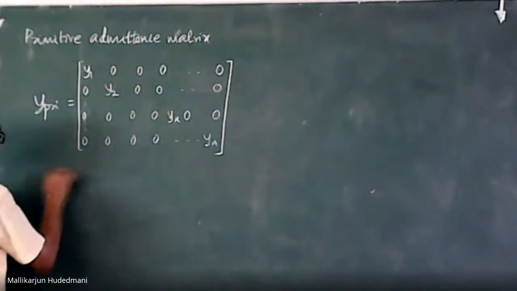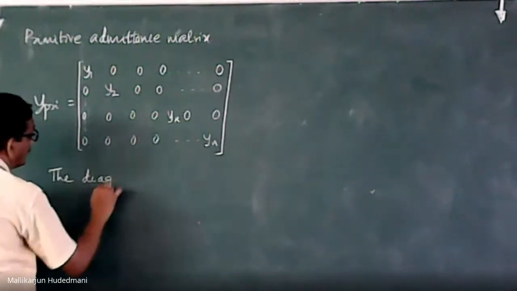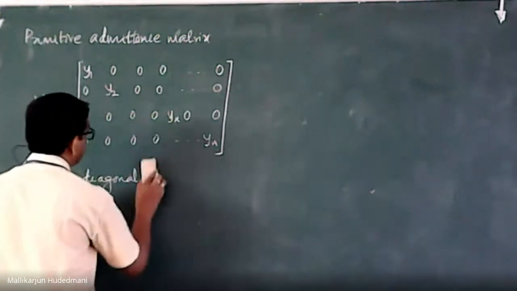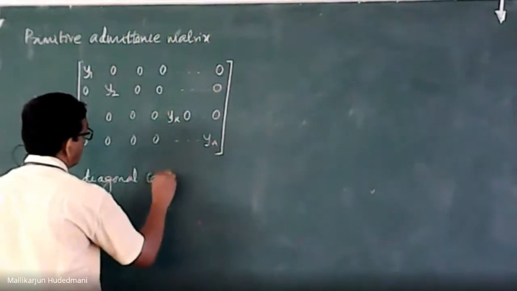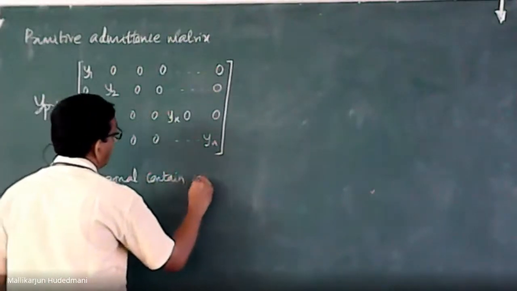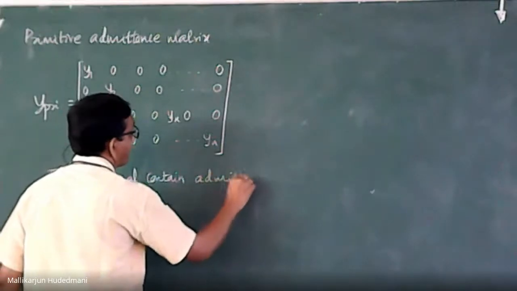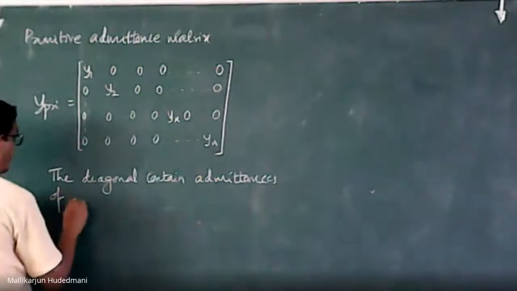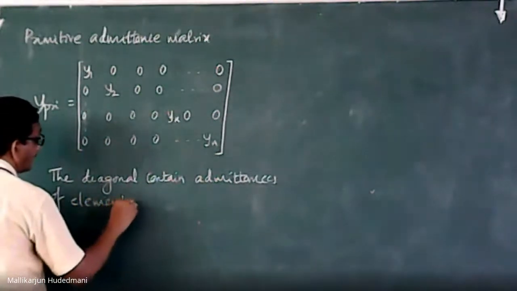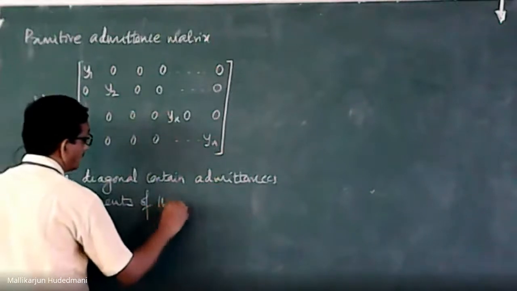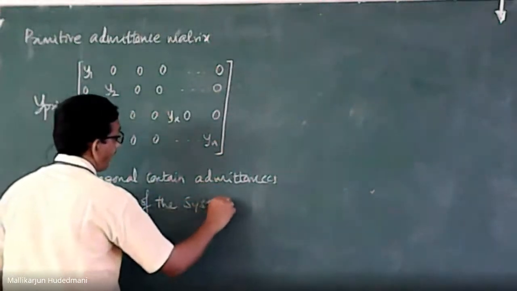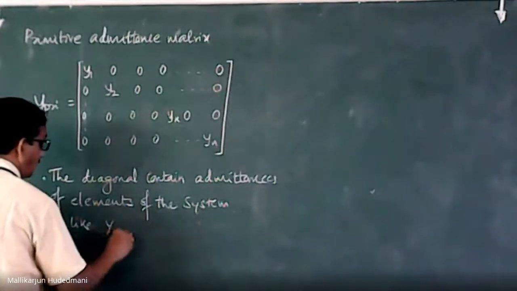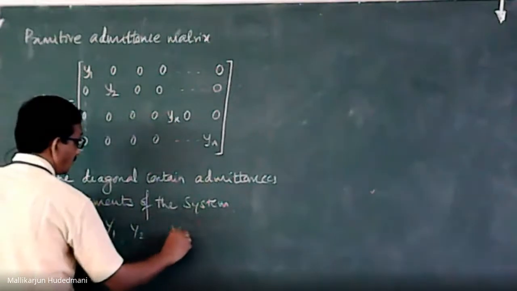The diagonal contains admittances of elements of the system, like Y1, Y2, Yn.